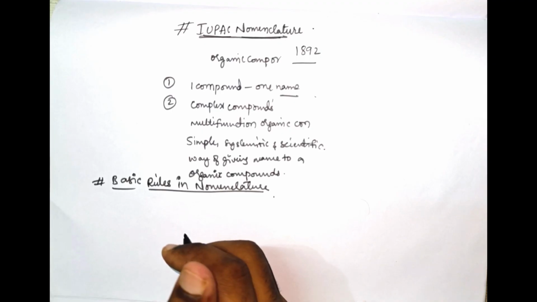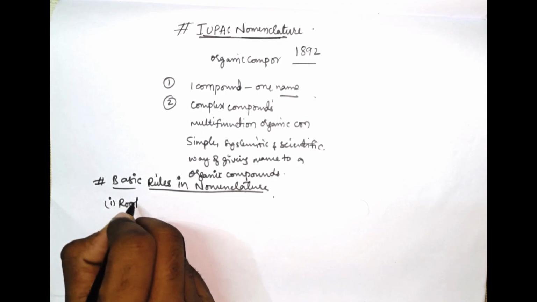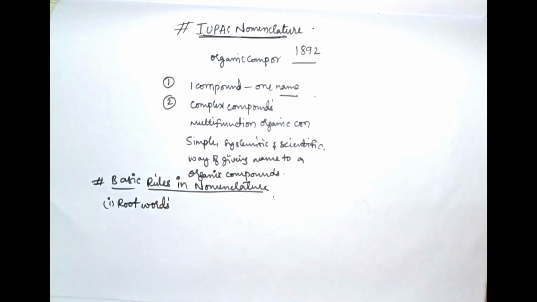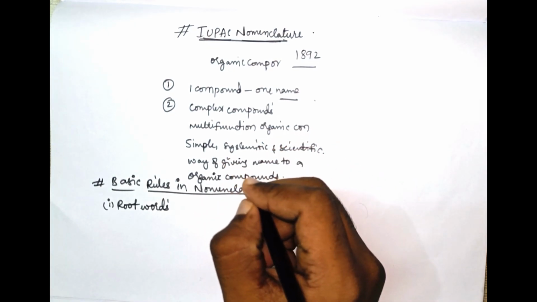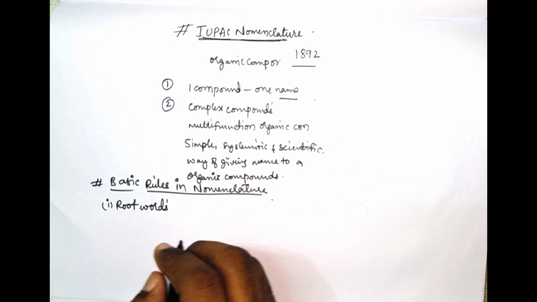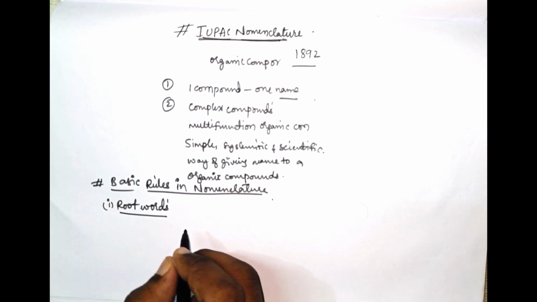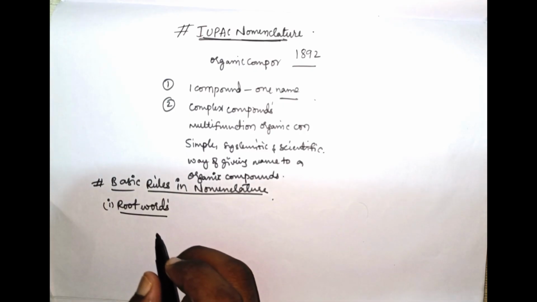The first one is the root word. Root word is something which we have practically learned in our previous sessions or classes. Now let me make you memorize what is meant by root word.